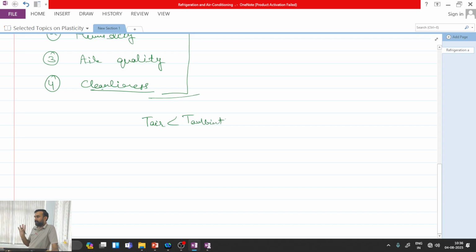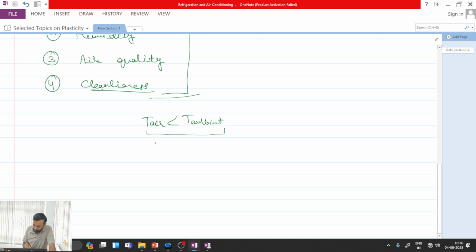That is my requirement of air conditioning during the summers. What I need to do, I need to maintain, because this temperature is actually not favorable for the human thermal comfort conditions, so I have to cool the air.